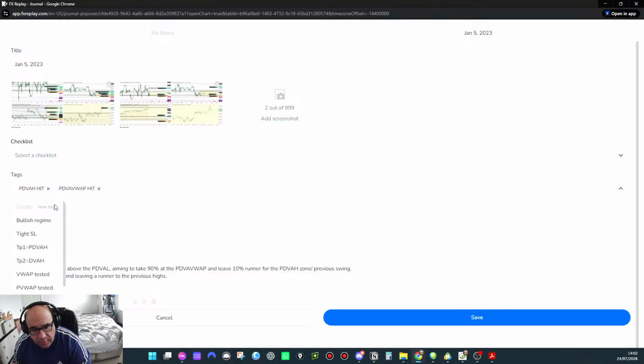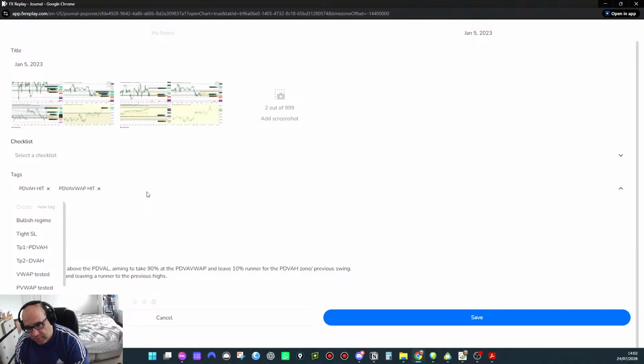Okay, I'm setting these tags because my targets are usually the previous DVA VWAP and DVA high, and previous DVA lows if we come from below the previous DVA. So I want to know at first glance when I see the tags later how many times we hit those targets.